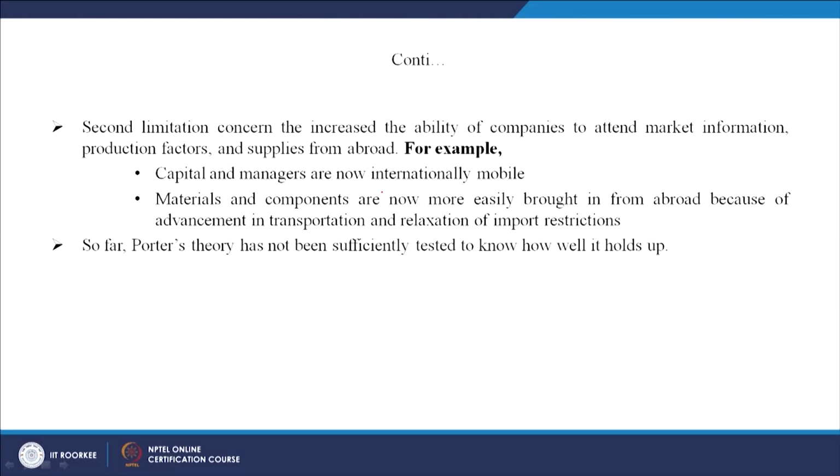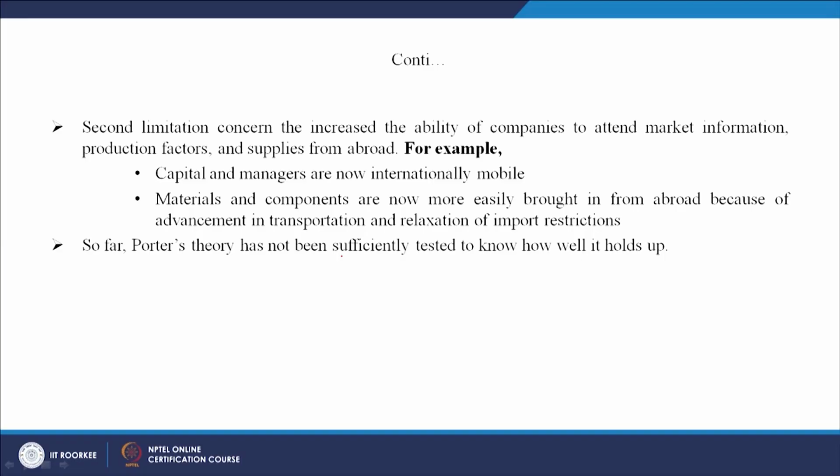If you wanted to get something from abroad, it was a challenge, but today capital and managers are internationally mobile. There is an easy flow of money and human resources. Materials and components are now more easily brought in from abroad because of advancement in transportation and relaxation of import restrictions. Because of the free trade theory, it has become easier, right.